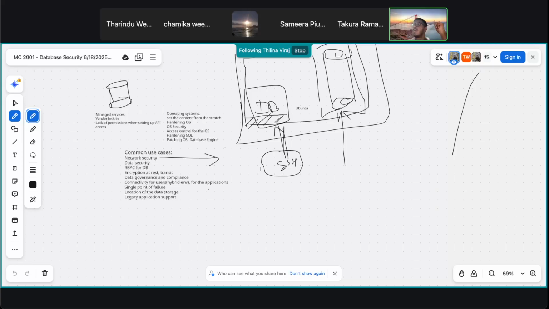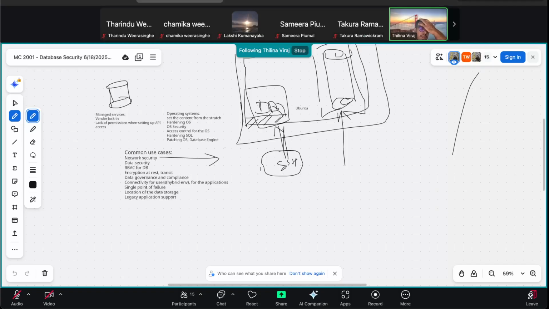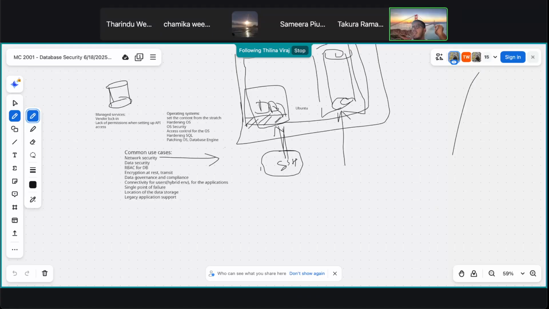And even though you do not have access to this database, still you have access to the operating system, right? So by gaining access to that, one can create a tunnel to this database. Even though you secure your database 100%, this will be again accessible through the operating system.